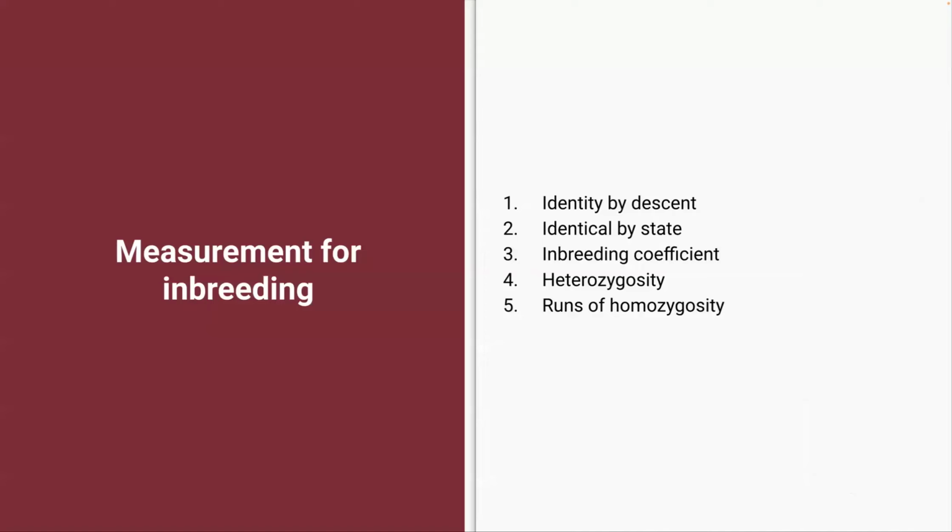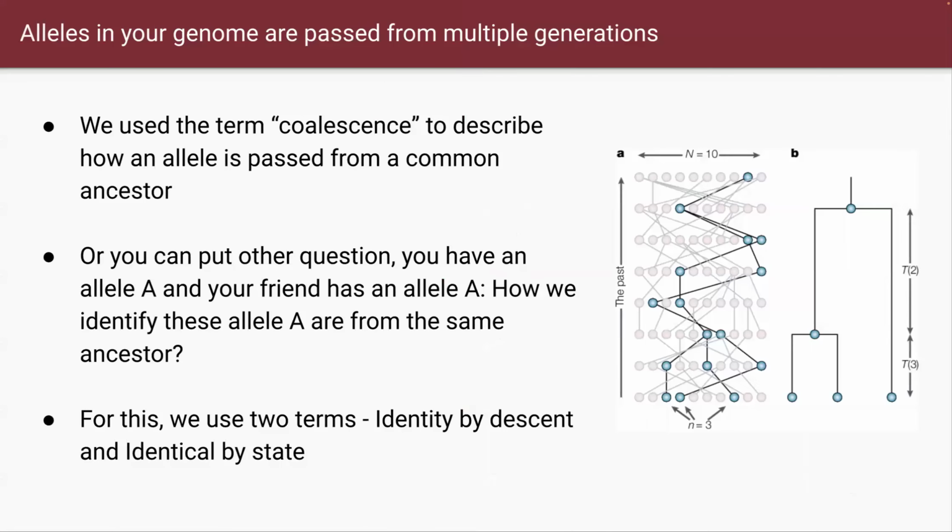Okay, so when you measure these inbreeding patterns, we have certain measurements for that. When you talk about inbreeding, we have to refer to coalescence theory, right? So what is coalescence theory? Remember, when you describe the present population, if you look at three people here, you want to describe an allele and how these alleles were transmitted from past generations.